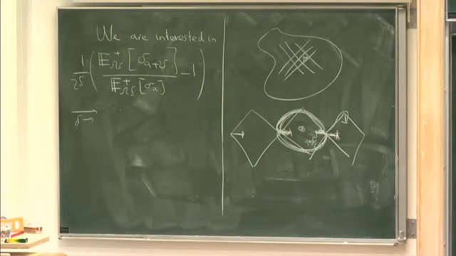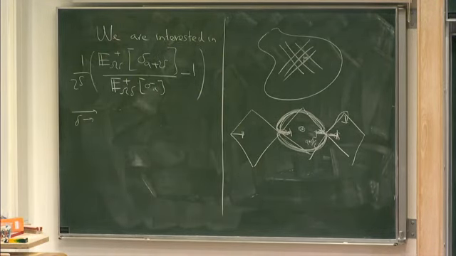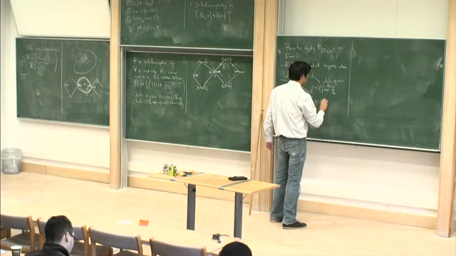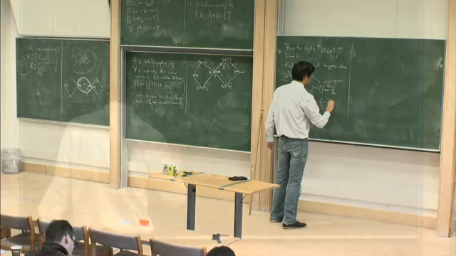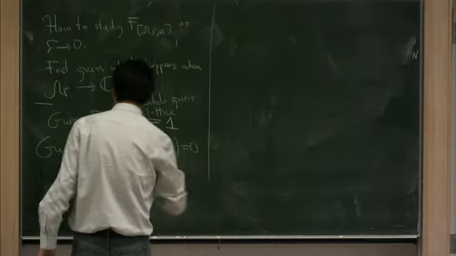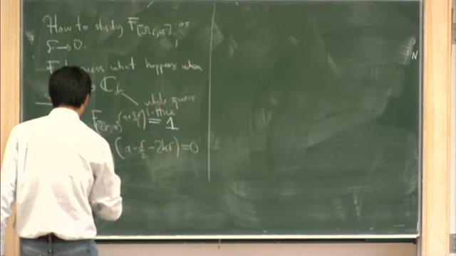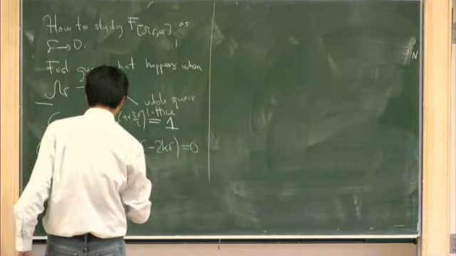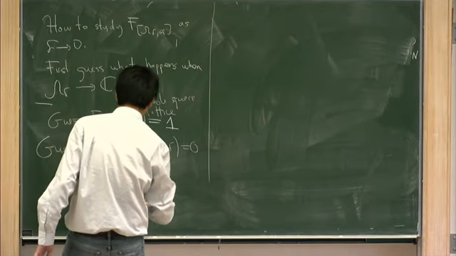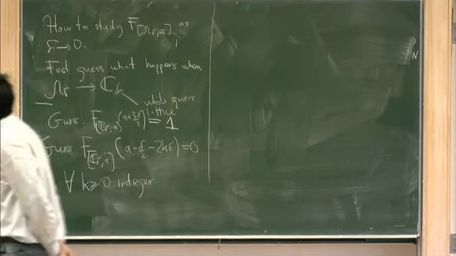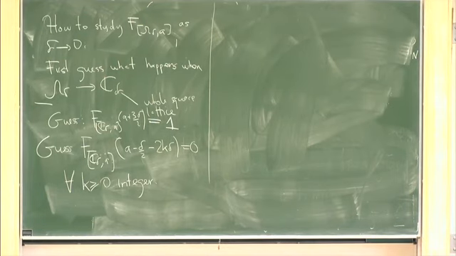So a minus delta over 2 minus 2k delta will be 0 for every non-negative integer k. Okay? Well, that's good.